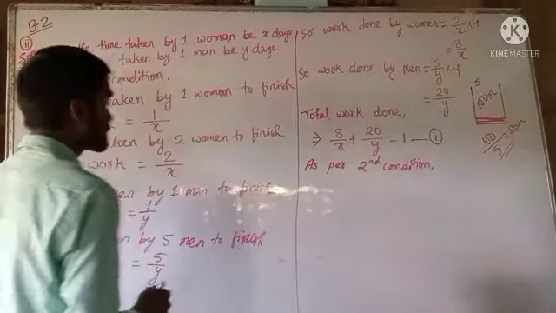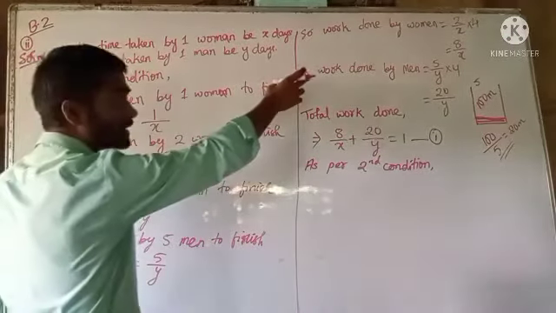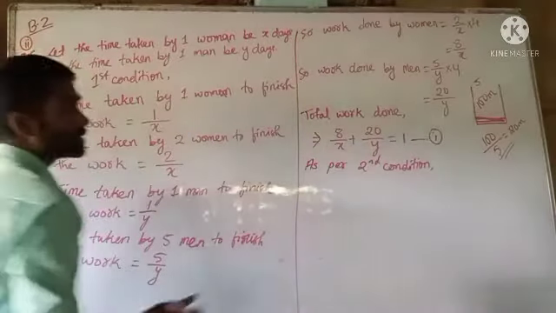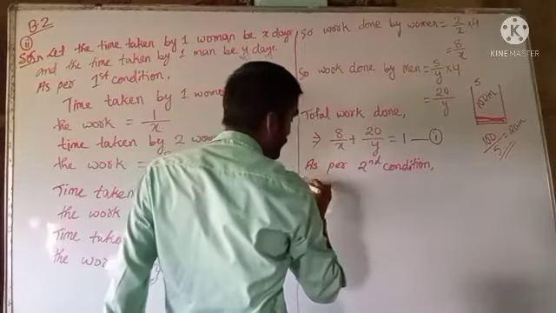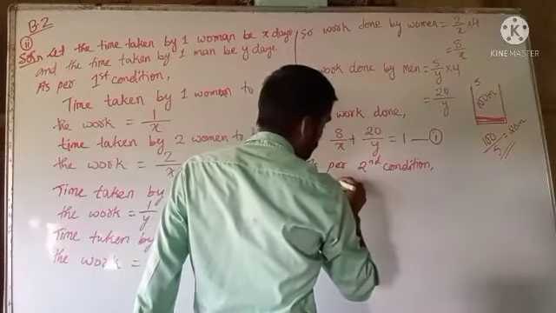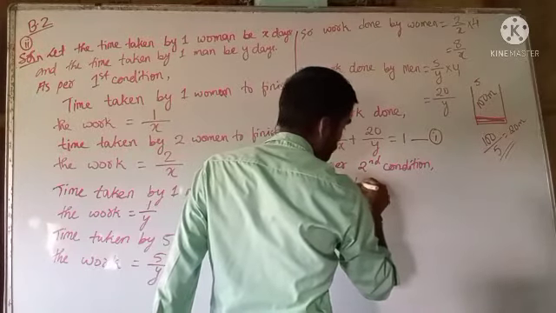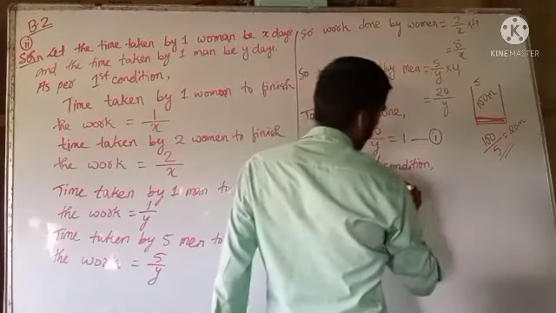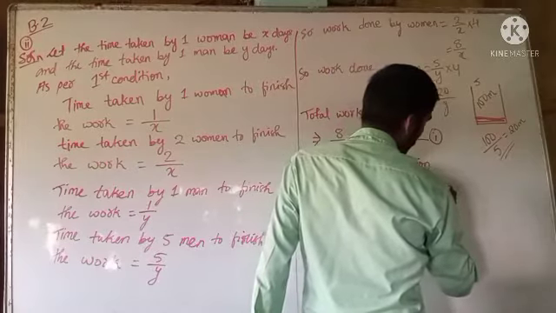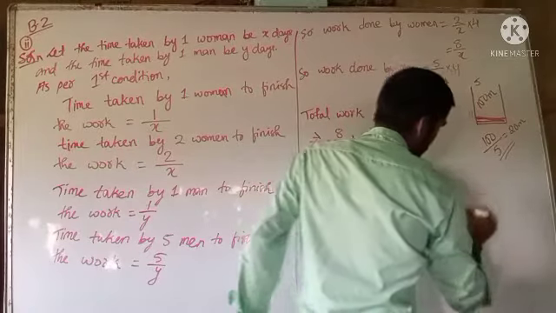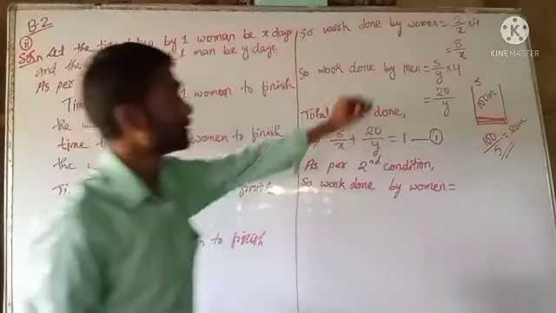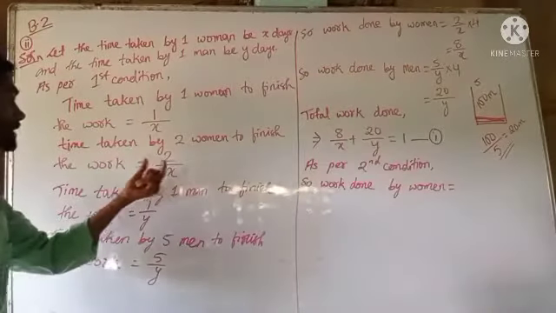What is the second condition? If we are finding the work done by the woman, we are writing directly from here. So we'll write here. So work done by woman. I'm writing here directly from here. It is the same thing.